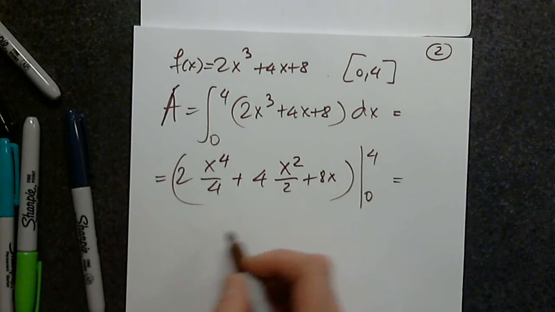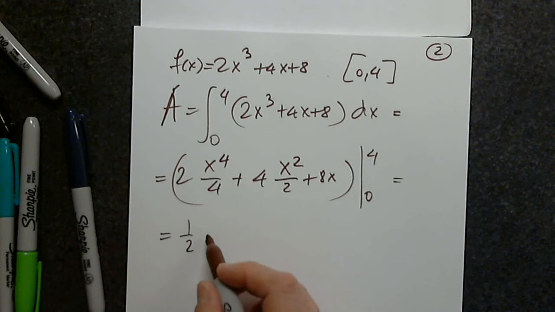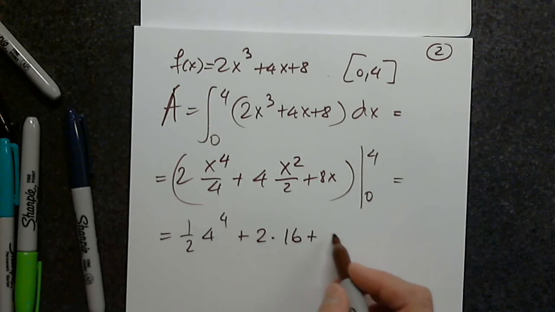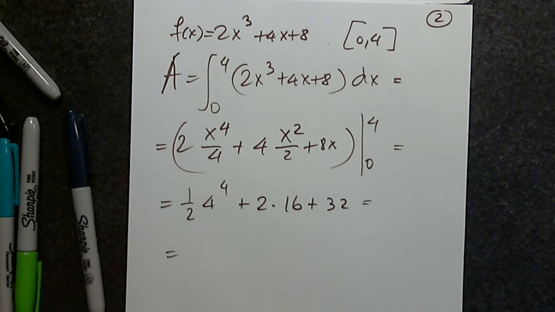Luckily, I don't have to plug in 0. So I have 1/2 4 to the 4th plus 2 times 16 plus 32. How much is 16 times 16? Is it 256?